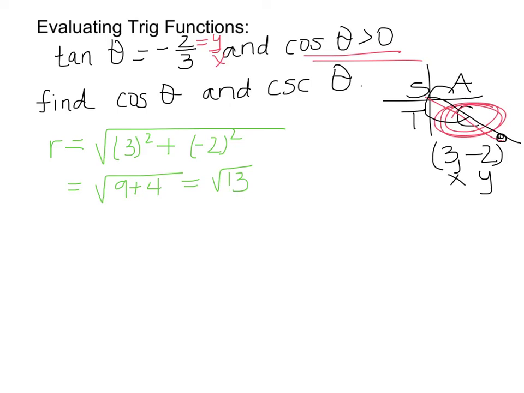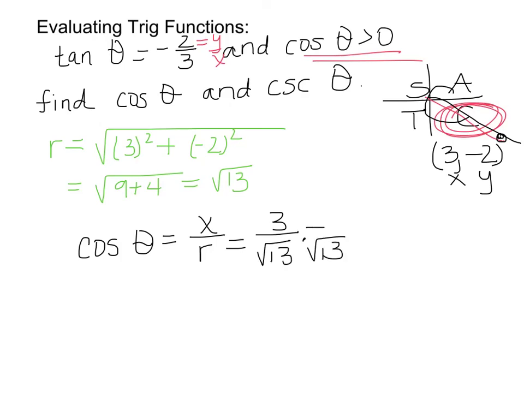So now we have x, y, and r, and we can find cosine. Remember, cosine of theta is x over r. Well, x is 3, r is the square root of 13. Rationalize the denominator, and we get 3 radical 13 over 13.